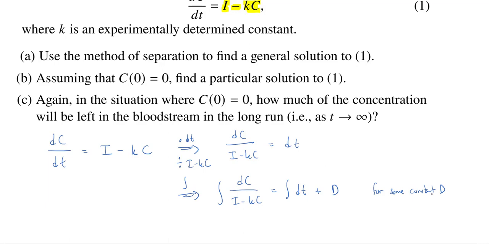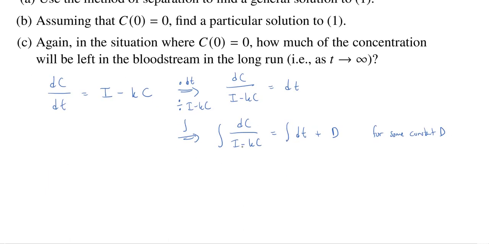Well, now we've got to do a little antiderivative, and this isn't so bad. It looks complicated because you've got all these different letters, but I and K are constants. This would be the same thing if we'd written something like dx over 3 minus 5x, or maybe you prefer to write this as negative 5x plus 3.